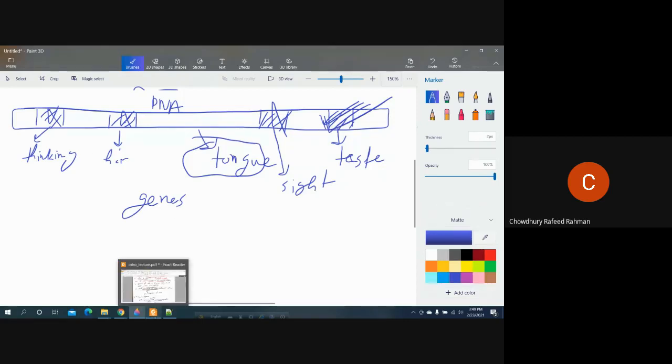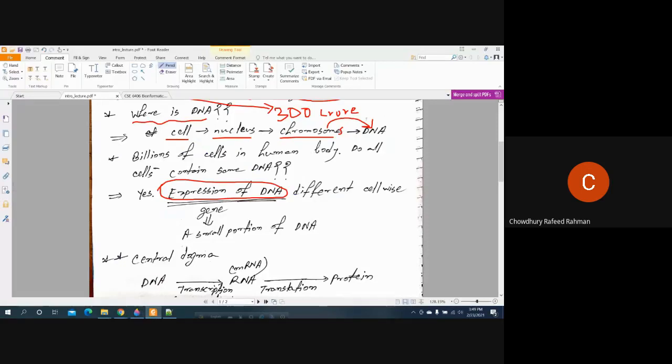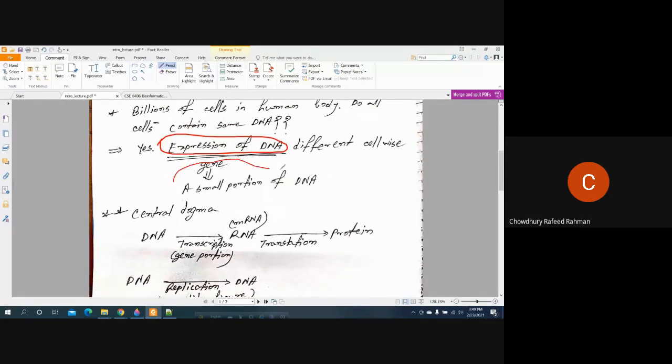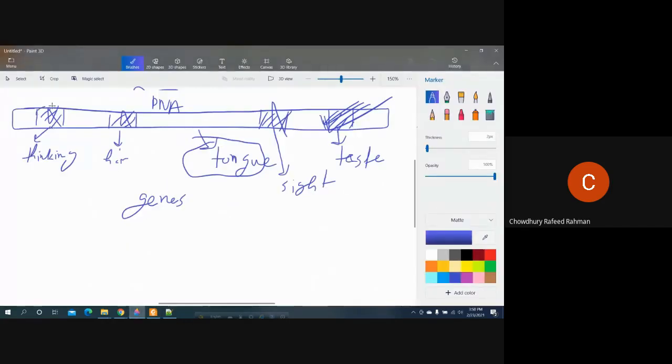Now, does anyone have any question up until so far? Okay, so let me proceed. Now let us come to the gene. Genes are small portions responsible for expressing different characteristics of the corresponding cell.